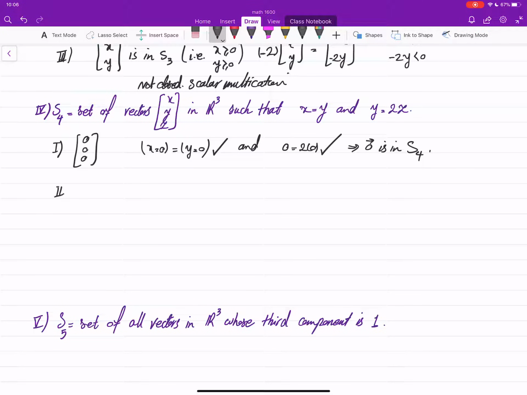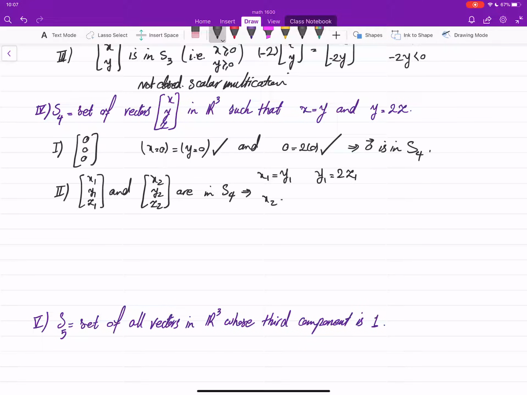How about addition? Okay, so we again pick two vectors, x1, y1, z1 and x2, y2, z2, in S4. Then you just add them. First of all, being in S4 means that x1 is equal to y1, and y1 is equal to 2z1.